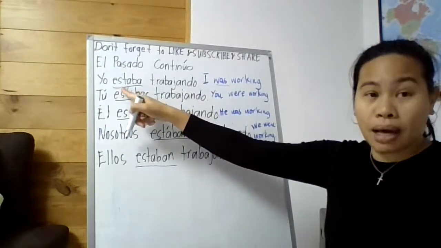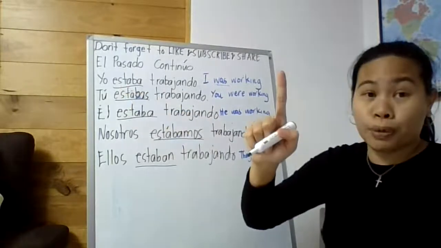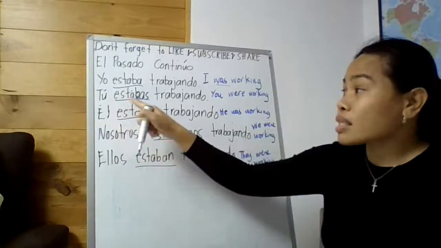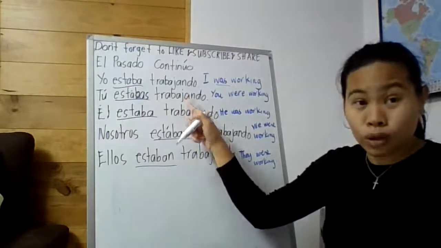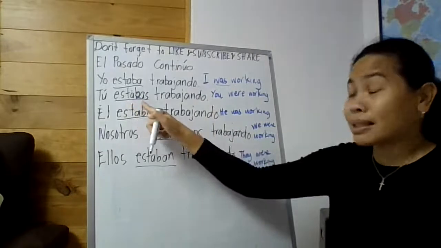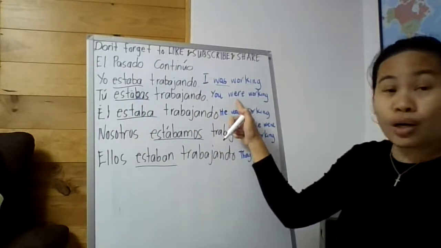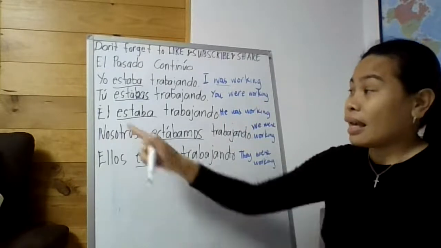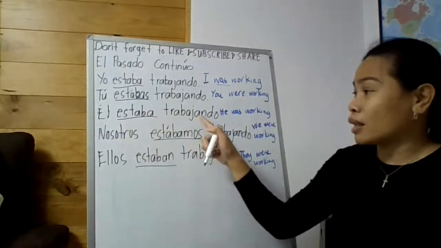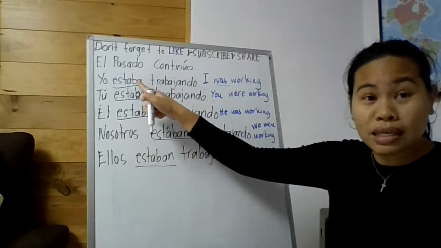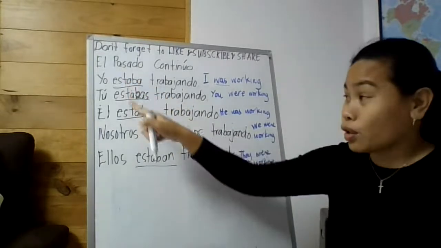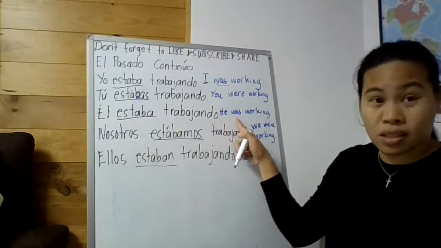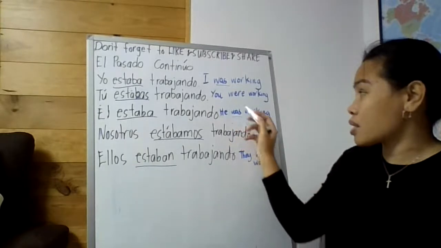Okay? Estaba. First person. Tú estabas trabajando. Second person, estabas. And that is were. You were working. Él estaba trabajando. So as you can see, same with first person and third person. Was. In English, was.